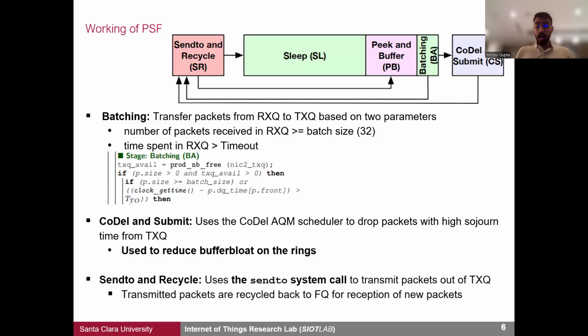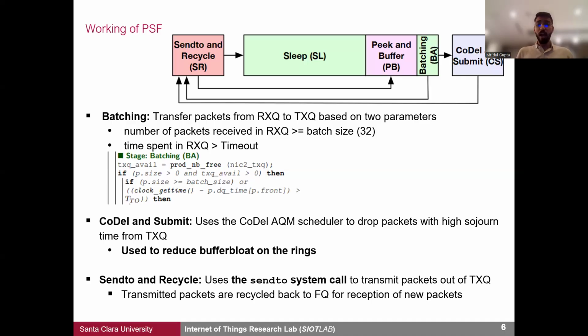The packets that are added to the transmit queue are then submitted to the kernel for final transmission. The final transmission out of the kernel is done through a sendto system call, which brings us to the sendto and recycle stage. It is under this system call that packets are added from the transmit queue to the completion queue for all those packets that were successfully transmitted out of the system.